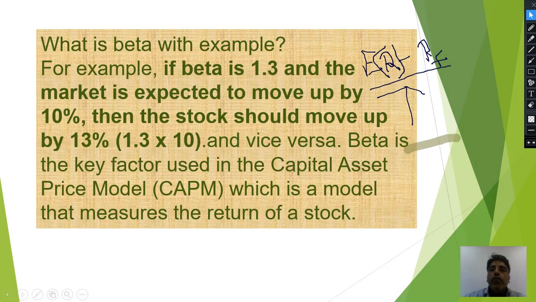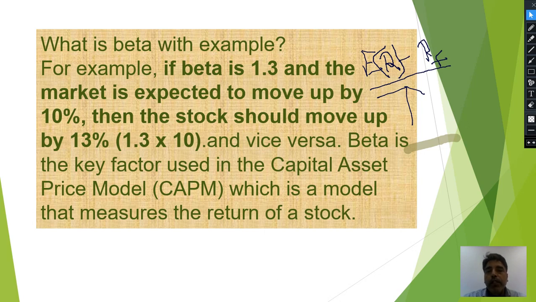So let us take a look at what beta is and what the significance of beta is. Let us take an example. If beta, for example, is more than 1, say 1.3, and the market is expected to move up by 10%, what does it mean and how significant is the beta? If the overall market is moving up by 10% and the beta is 1.3, the stock is expected to move up by 13%, and vice versa.